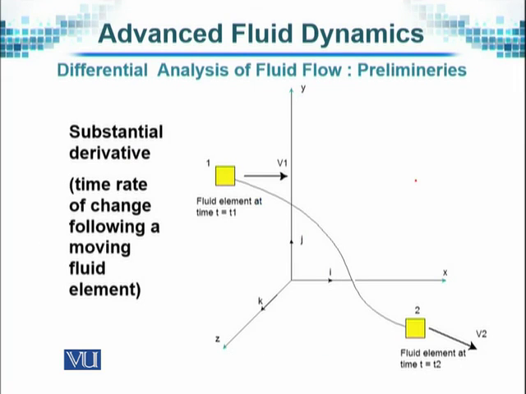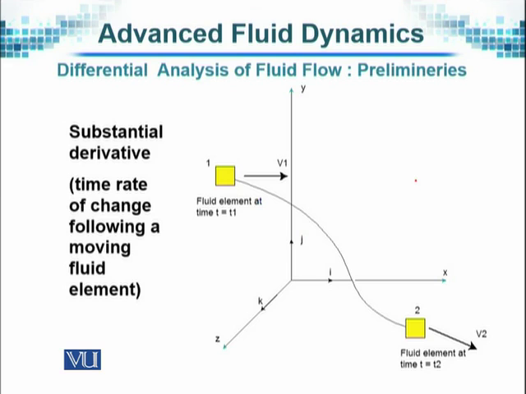The substantial derivative is reflected, and how do we choose it? Because we try to see the changes that take place during a small change in time. If the fluid has a velocity v1 at time t equal to t1, and then we consider what happens when the velocity is, obviously, a different one at time t equal to t2, because the fluid is not stationary, it is moving, and since it is moving, there has to be a variation.